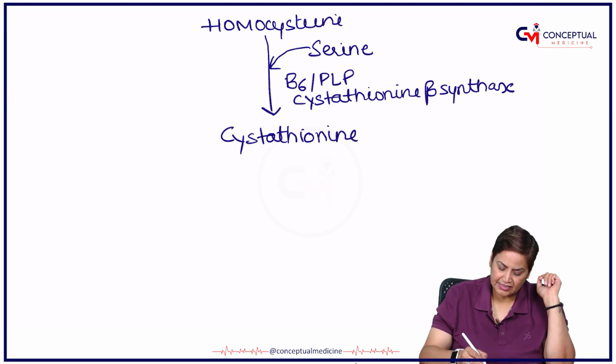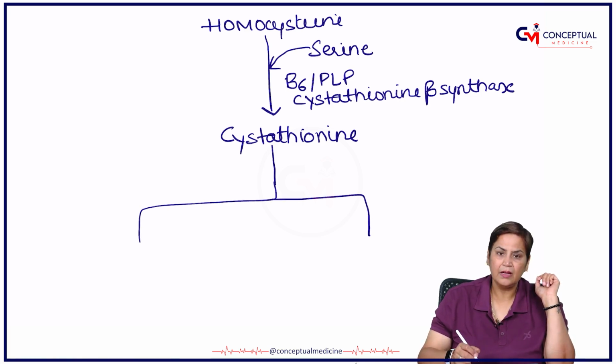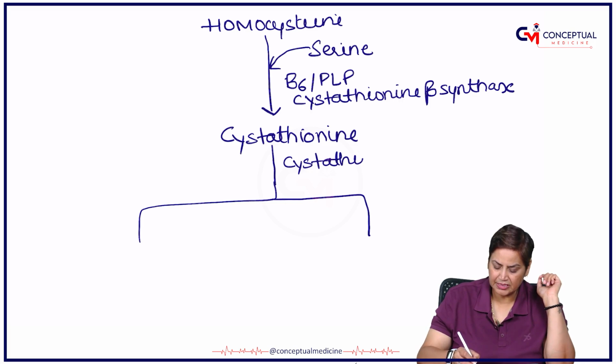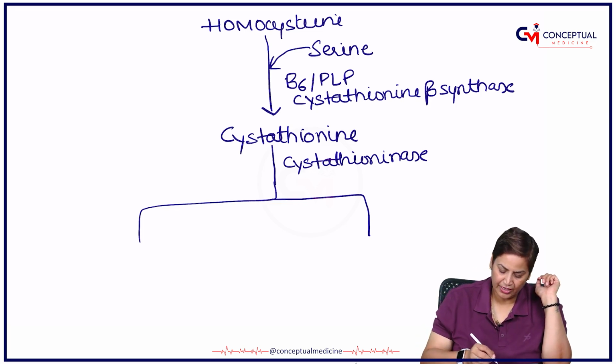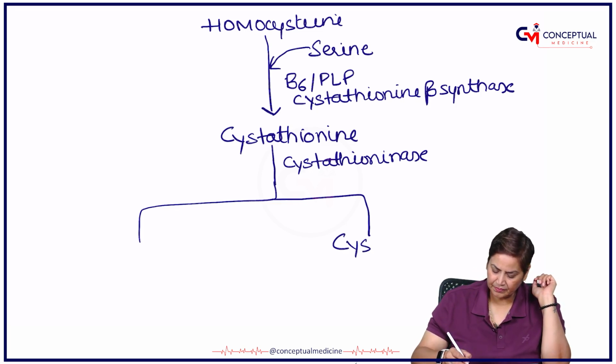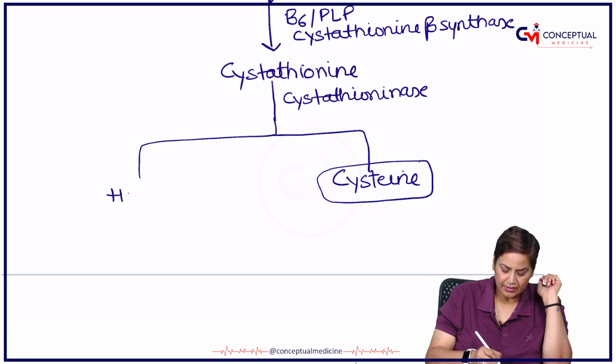And this cystathionine splits up in the presence of cystathioninase or cystathionine hydrolase to give cysteine, which we require, and it gives homoserine.